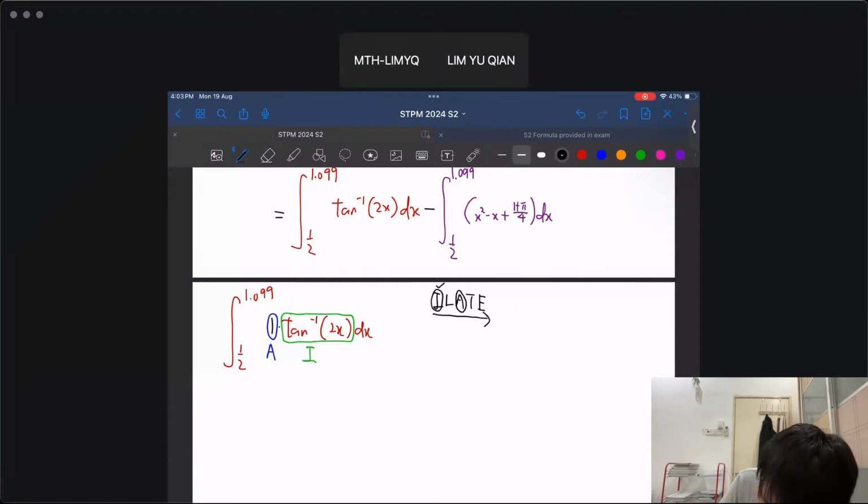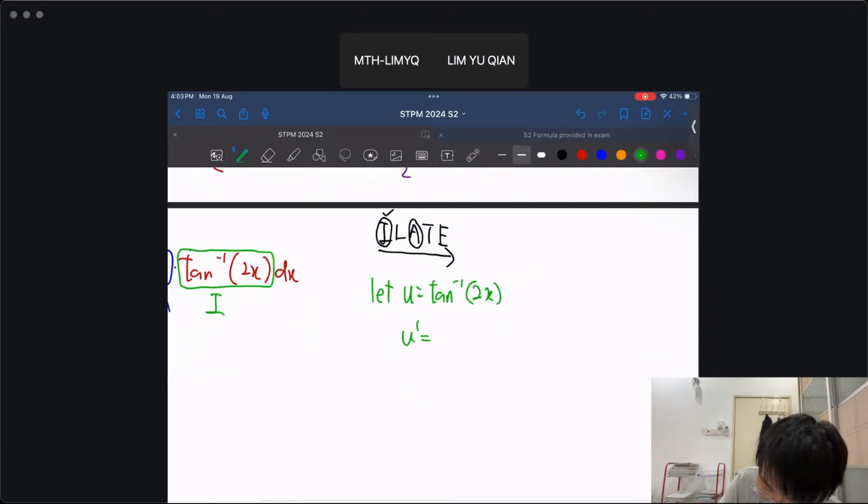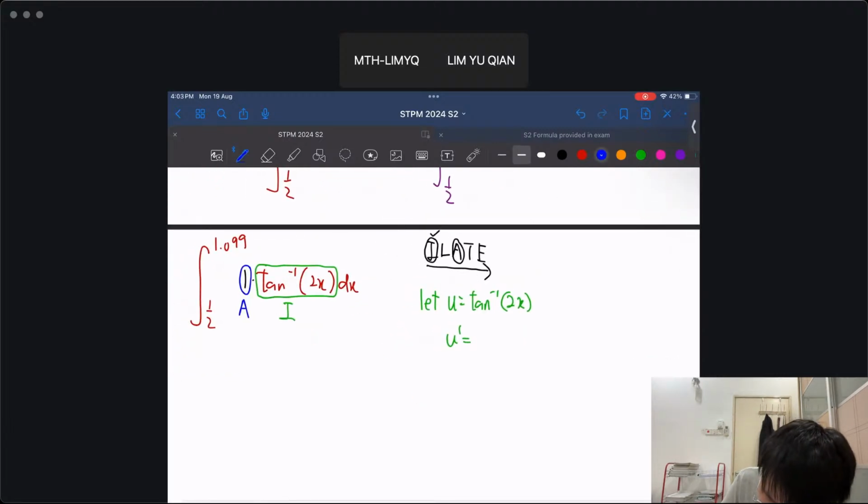Okay, so let u equal to... sorry, I, which is our arctangent. Let u equal to arctangent 2x. So du, or just u prime, integration. And later for this one, v prime, you have to integrate.